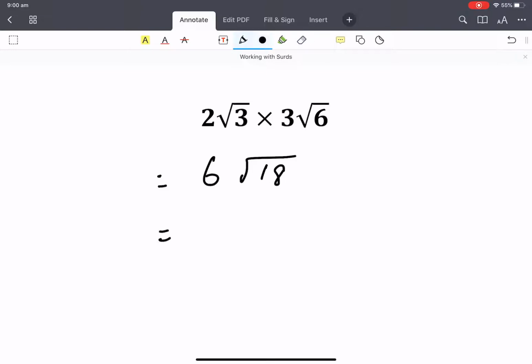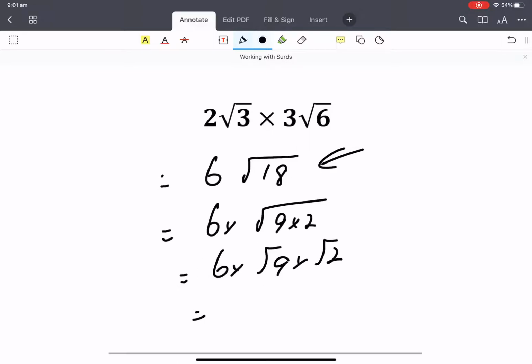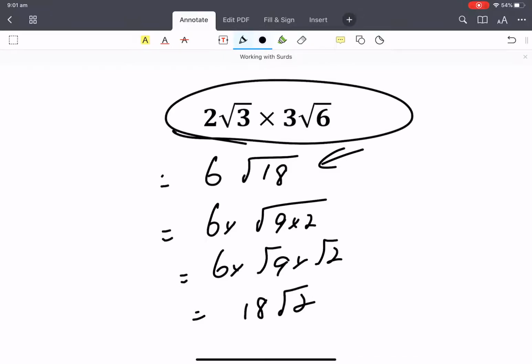Then yes, I hear someone saying, hey, root 18 can be simplified. Root 18 is 9 times 2. Root 9 is 3. 3 times 6, so what's that? 18 root 2.